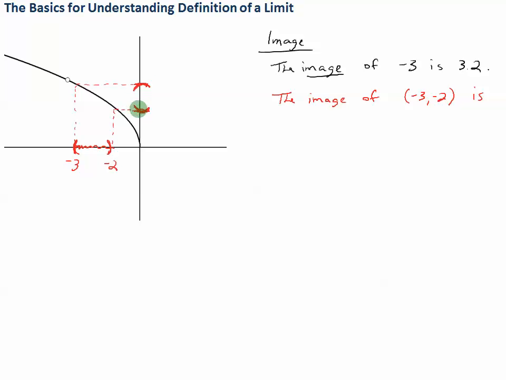This interval, your y interval here, the output interval, would be your image. So let's say that that is something like 2.2 to 3. So the image of this set or this interval is this set or this interval, 2.2 to 3. So you can take the image of a single input, or you can take the image of a set of inputs and manage that.